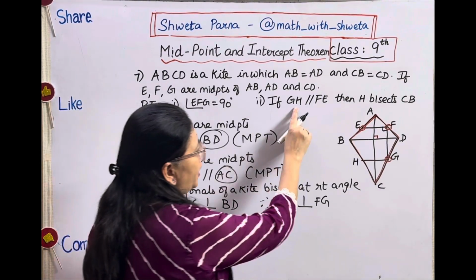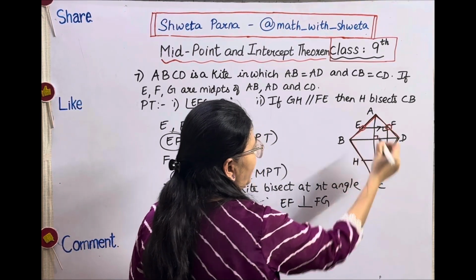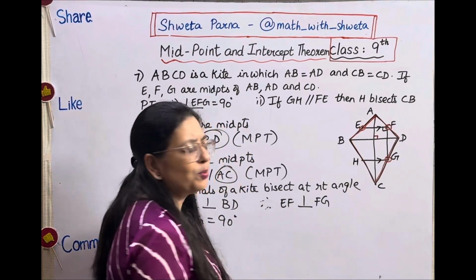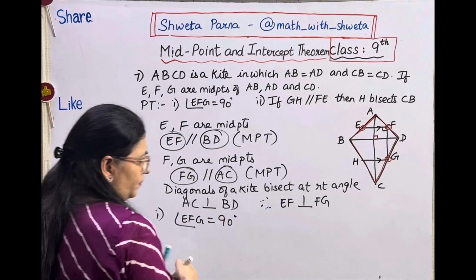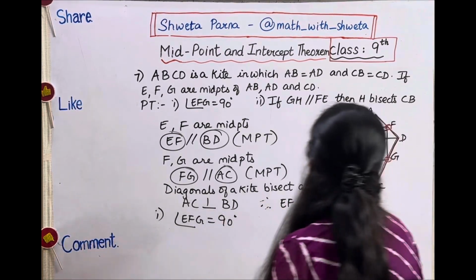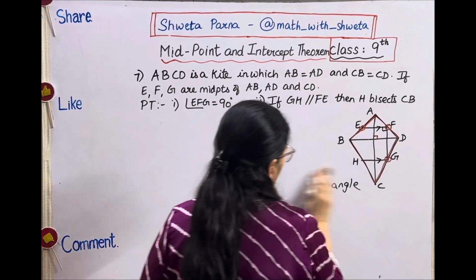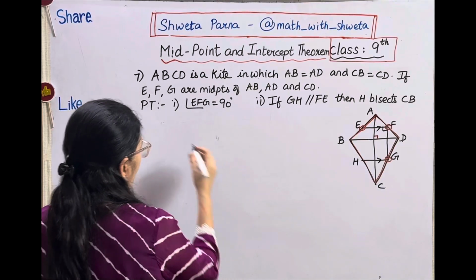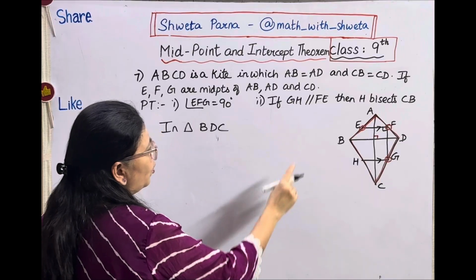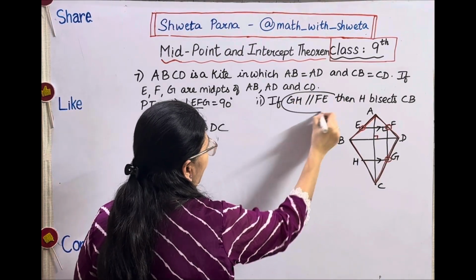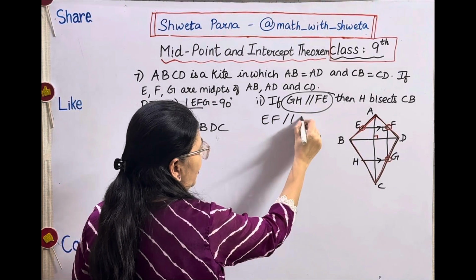Second one, if GH is parallel to FE, then say that H bisects CB, H is bisecting CB. Now, if you take triangle BDC, in triangle BDC, it's already given that GH is parallel to FE, but EF is parallel to BD.